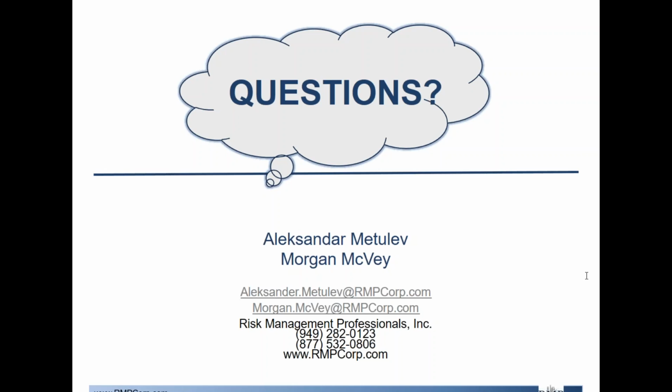Same thing for MOCs and PSSRs. Also, if you have regular training on PSM, MOC, PSM, RMP, and CalARP, it's also good to include a little blurb about what that training includes in the employee participation written plan.